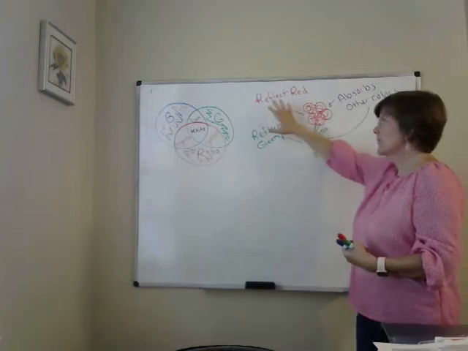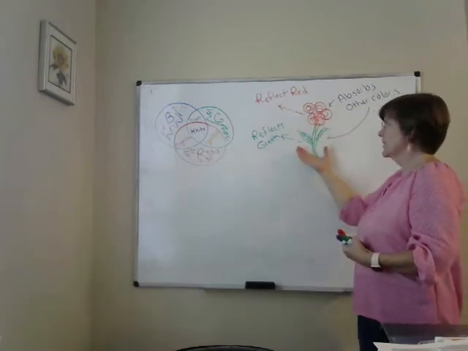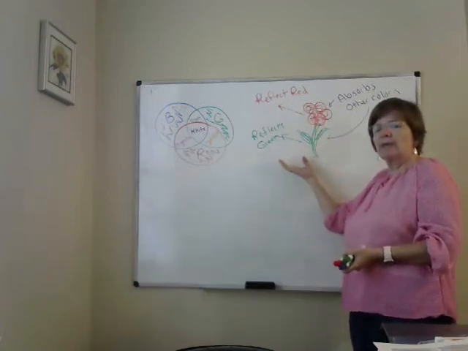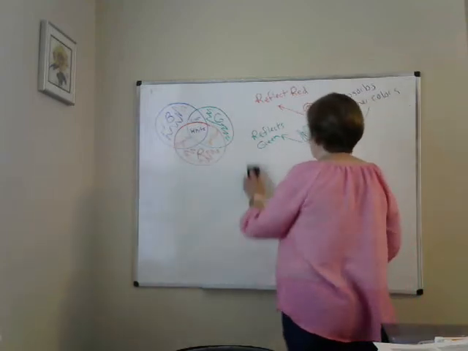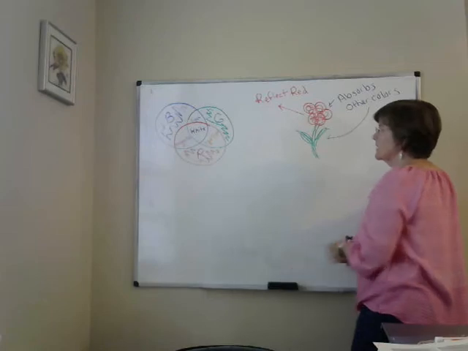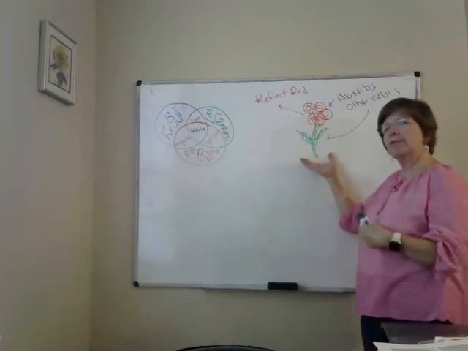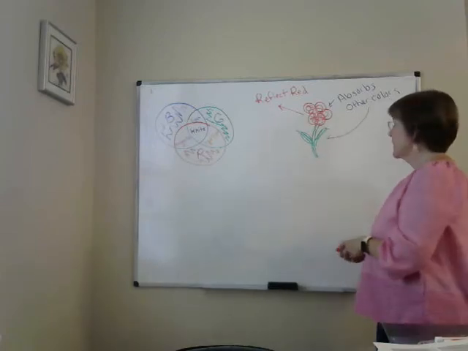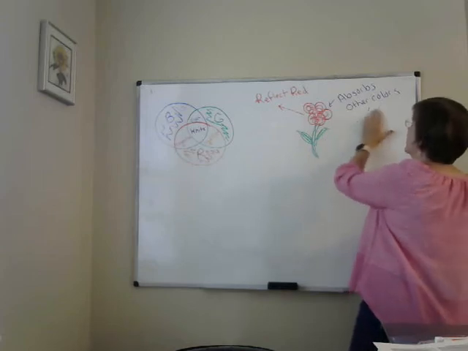But if I shine red light here, there's no light to reflect. These petals and this stem are designed to reflect green light. If there's no green light, they will appear black.